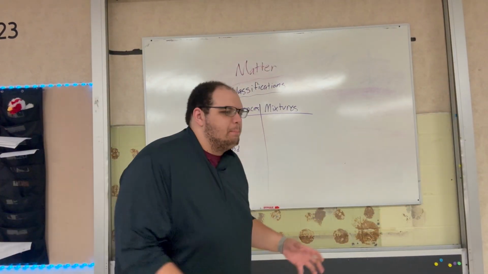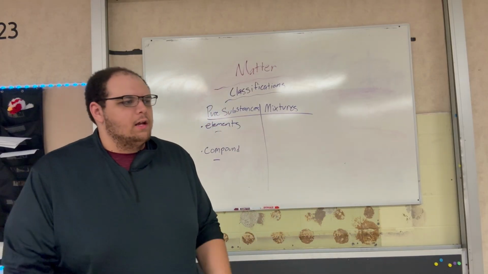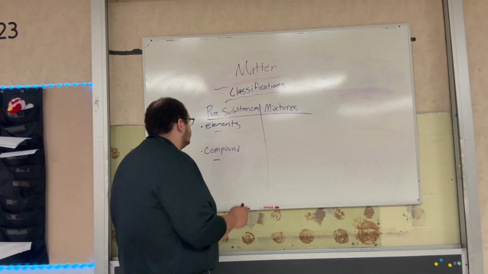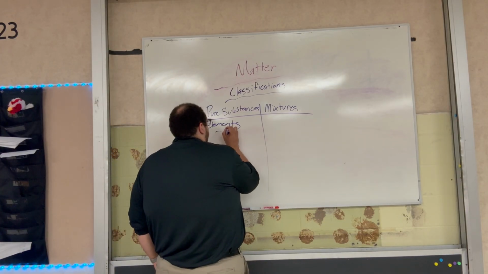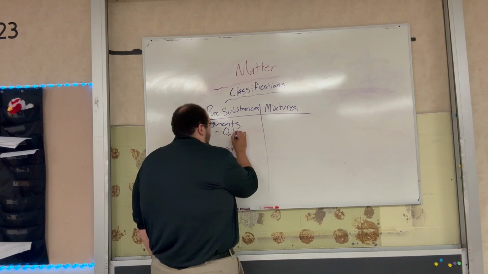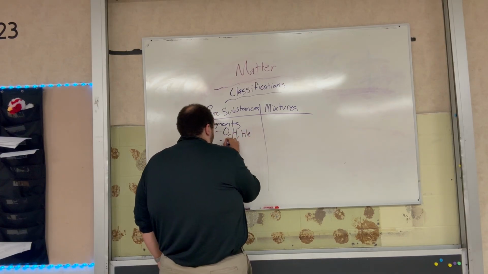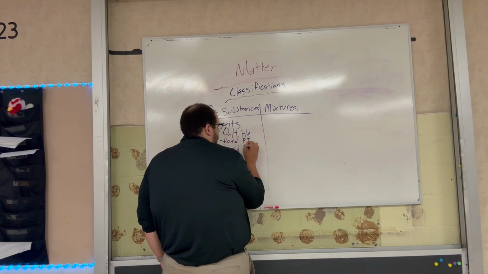Elements are the simplest type of matter in our universe. It does not get simpler than an element. Examples of elements are things like oxygen, hydrogen, helium, and they are always found on the PT, periodic table.